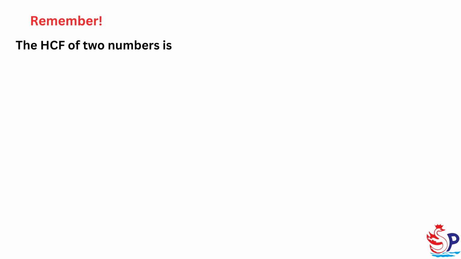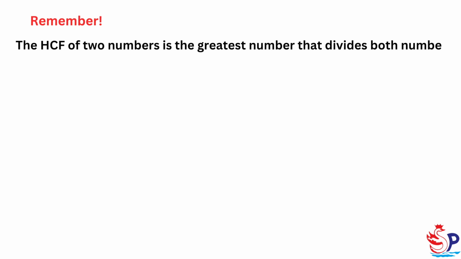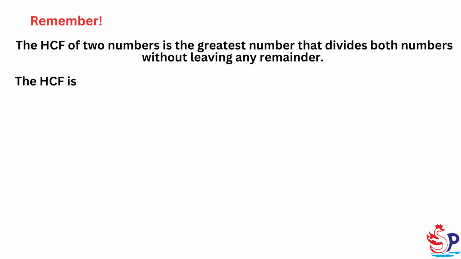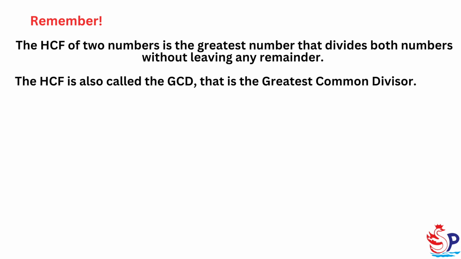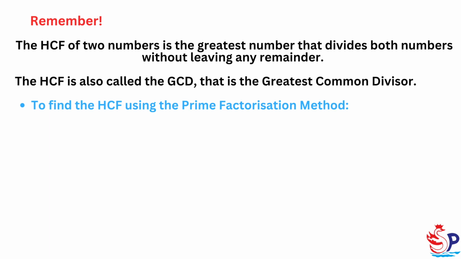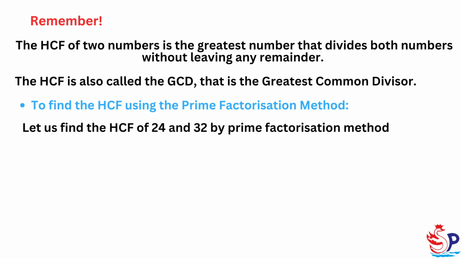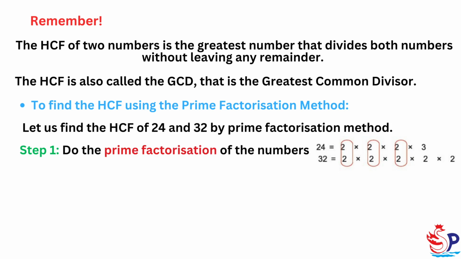Remember, the HCF of two numbers is the greatest number that divides both numbers without leaving any remainder. The HCF is also called the GCD, that is the greatest common divisor. To find the HCF using the prime factorization method, let us find the HCF of 24 and 32. Step 1.